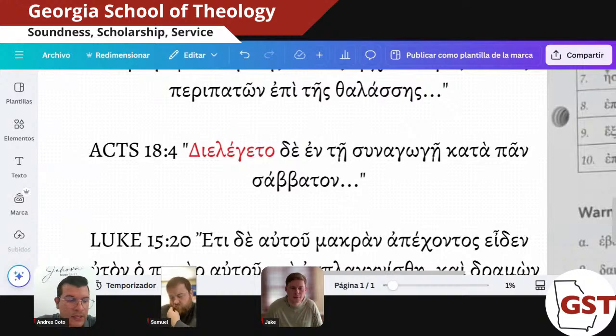But we were talking about how the imperfect indicative here shows the continuous effort of Paul to bring the gospel, right? I like that. That's really cool. I'm a big fan of the New American Standard, so that's really cool. So he was reasoning rather than he reasoned. It shows it as continuous. Yeah, that's cool.